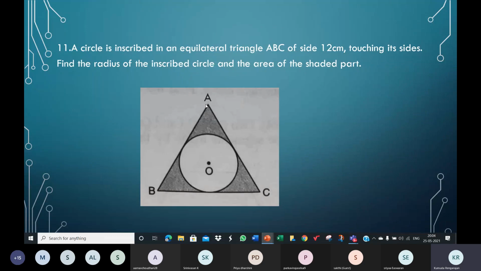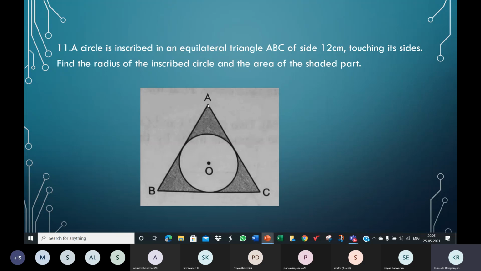You need to have some equation to substitute and find the value. Now the area of triangle ABC we know is √3/4 into side square, √3/4 into 12 square. Then what about the areas of the smaller triangles AOB, BOC, and AOC?